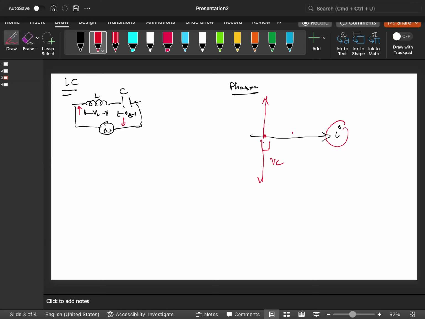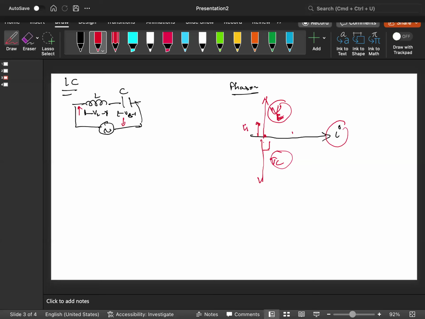Yes. Understood. Now, Kitna, what is the net voltage you are getting? If VL is greater than VC, then the net voltage will be VL minus VC.